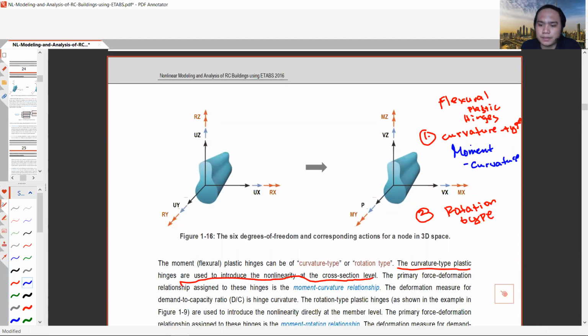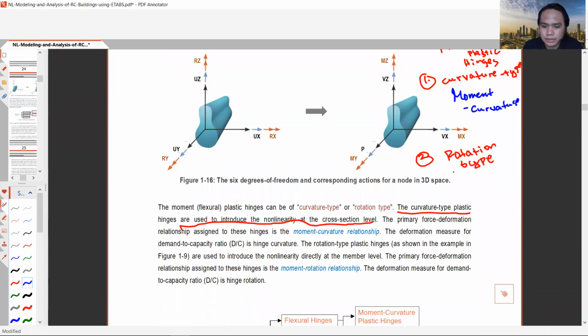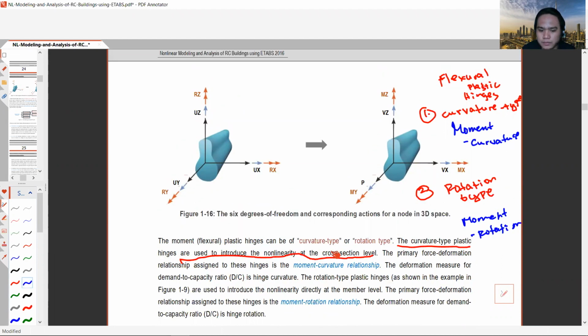In the rotation type, we have another one. It is called the moment rotation relationship. The deformation measure for the demand capacity ratio is called hinge curvature. Maybe hinge rotation for the other one. Okay, right, so this one is the hinge rotation.